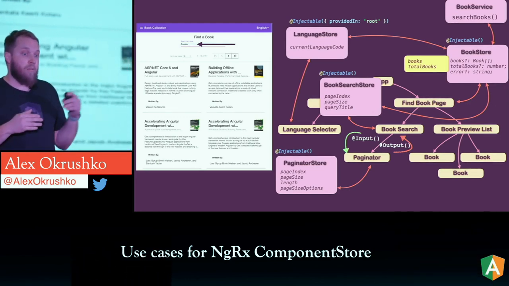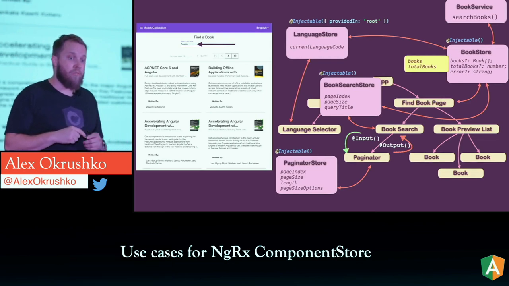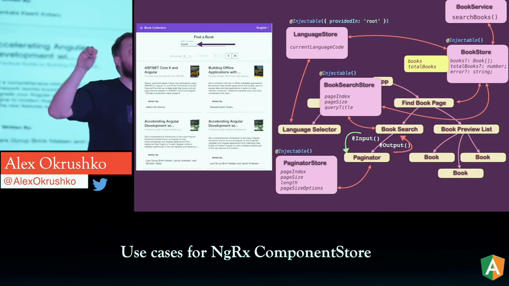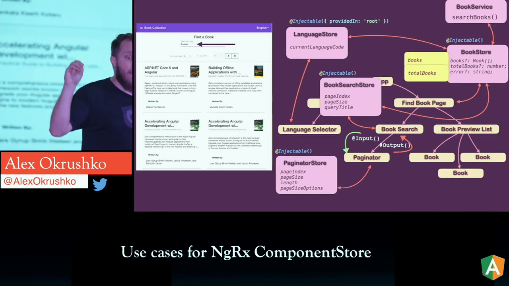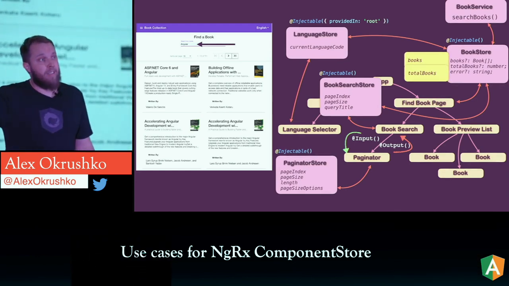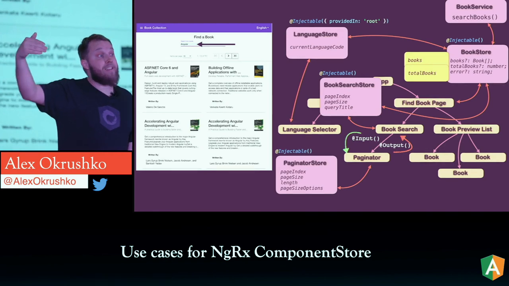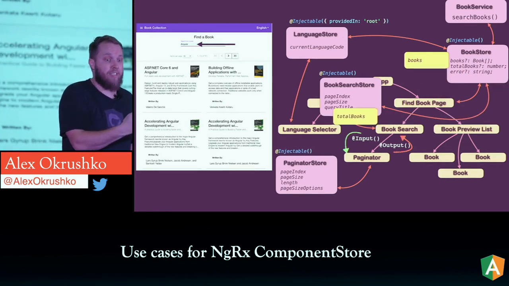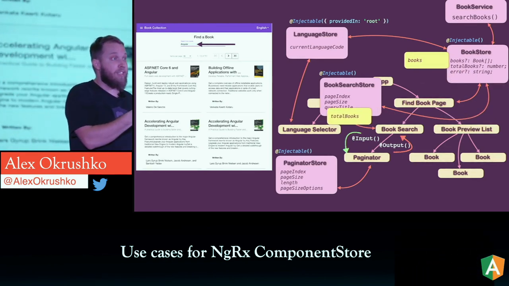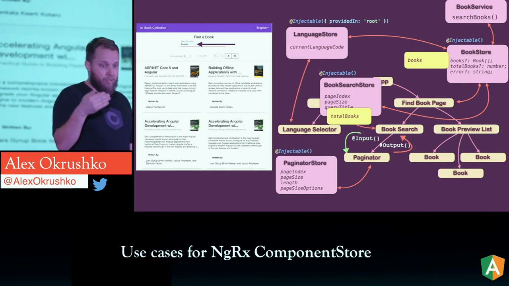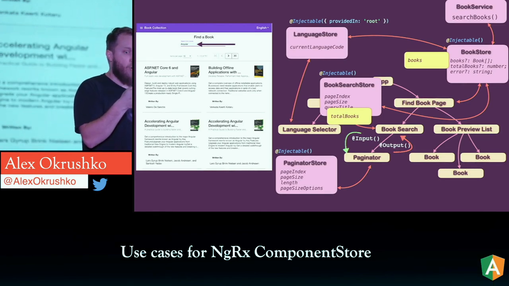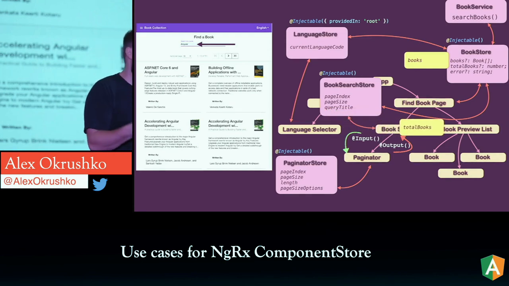Now book search store is like, I'm listening for the total books. I care about that data. Since it changed, it reacts to this. It's like, hey, I need this information, and passes it back to the book search. Now that component needs to pass it to the paginator.